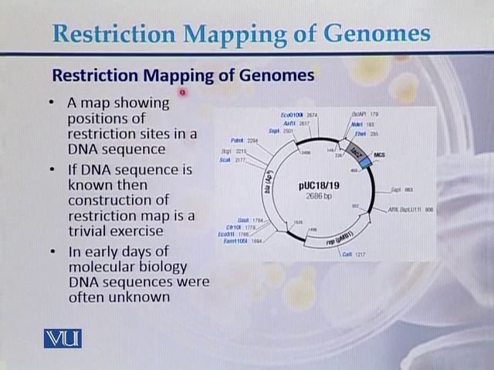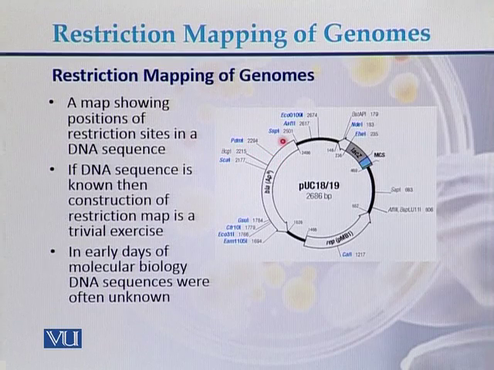Here is an example of restriction mapping of a genome, a plasmid vector pUC18 or pUC19, where we can see that there are different sites for the different restriction enzymes. So these are the restriction enzymes, and here are the sites for these restriction enzymes.